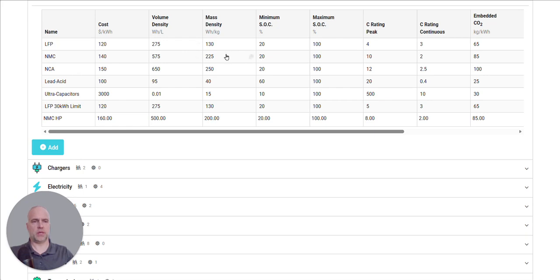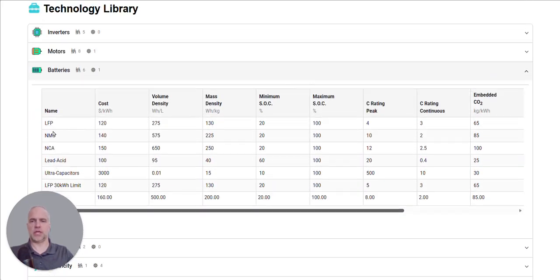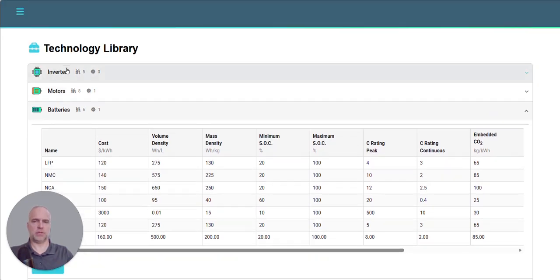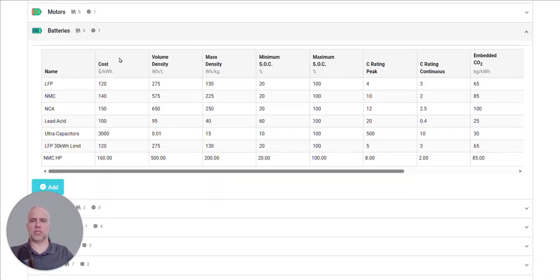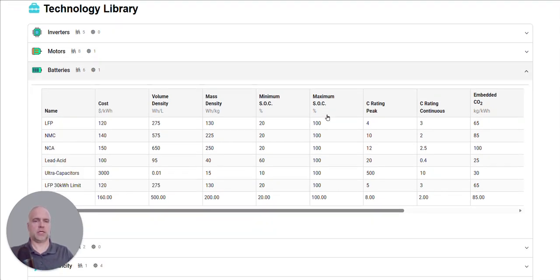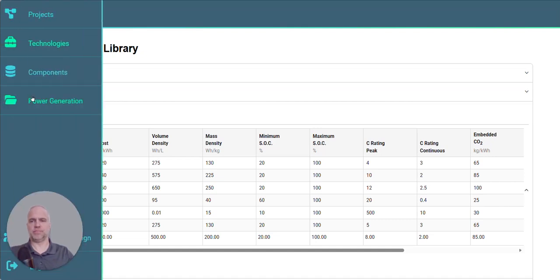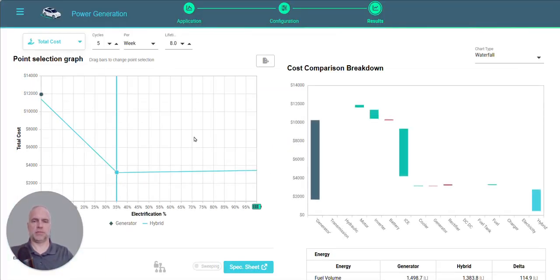But if there's a new battery that you want to evaluate, or new engine or generator technology, converter technology, power electronics, you put in the technology that's relevant for your application, the physics of it, the cost of it. With batteries, there's SOC or power rating characteristics, and that all feeds into the calculations that are being updated.